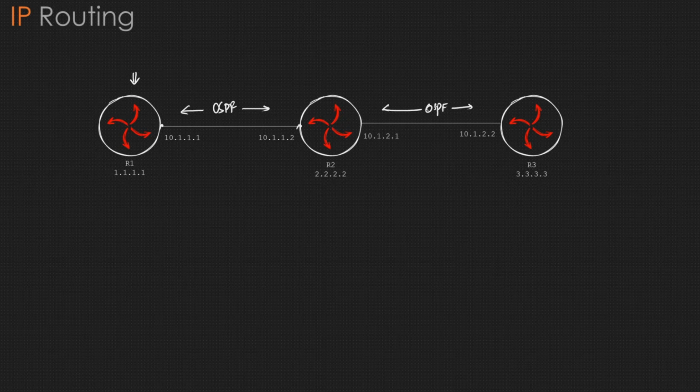For example, if you see the R1 route table, you will have its loopback address, and similarly for R2 as well. These are connected routes, and the others are learned from OSPF. Now, from R1's perspective, if I initiate a ping to 3.3.3.3, what will happen?